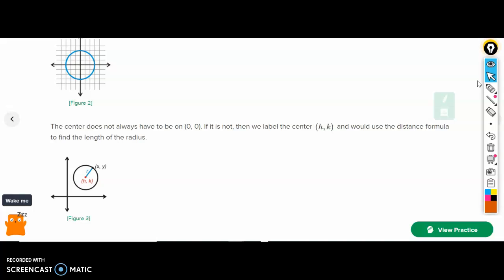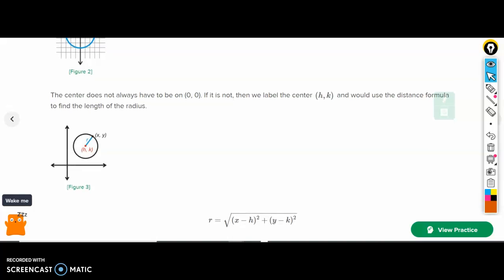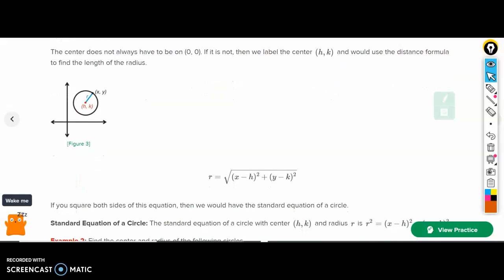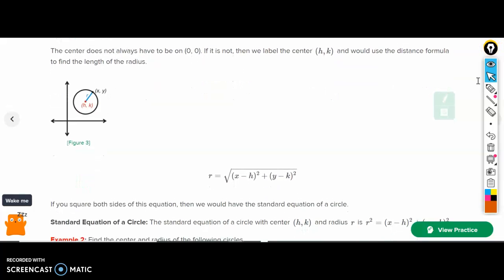And we learned the distance formula the first week of school, so we know that, and we can calculate the distance for our radius. Okay, so here is our distance formula for our radius: we take the square root of x minus h squared plus y minus k squared.